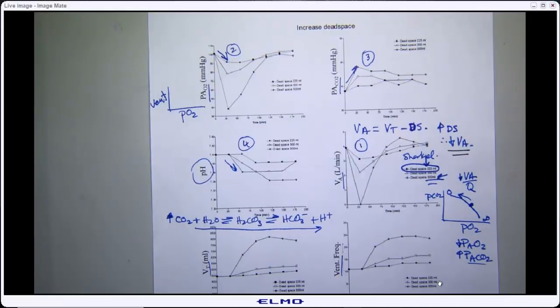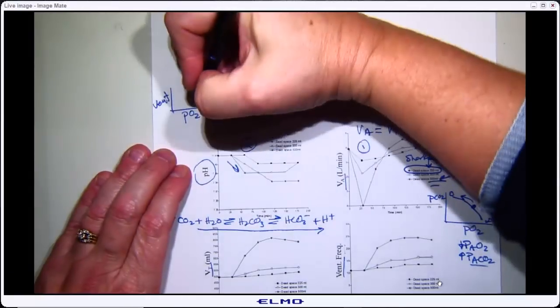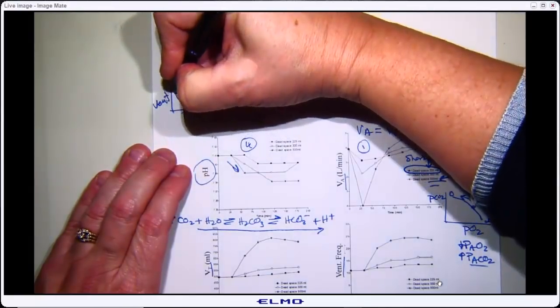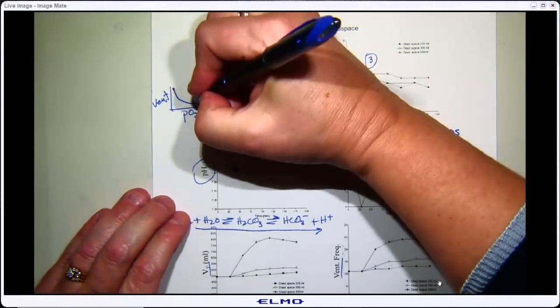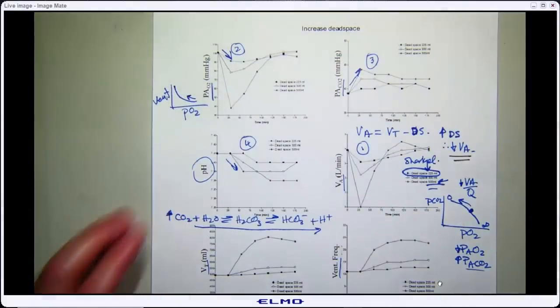Drop in oxygen, what happens with ventilation? Anybody got it? Perfect. So we go with that funny relationship that looked like that. So indeed, if we were to drop oxygen, we would expect ventilation to go up.